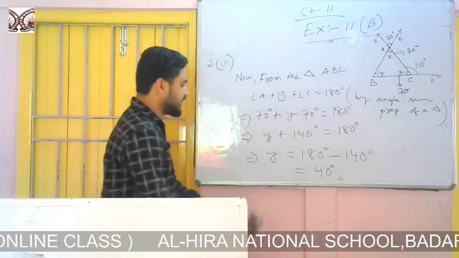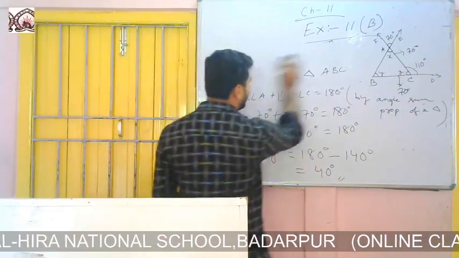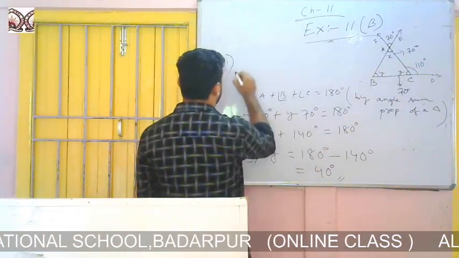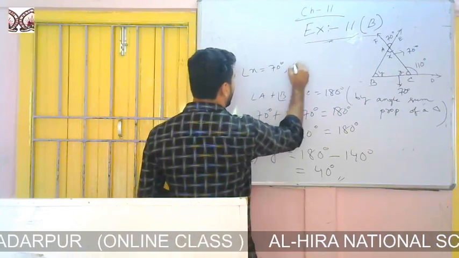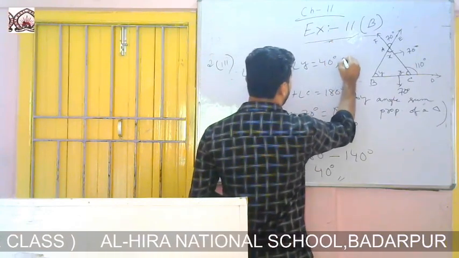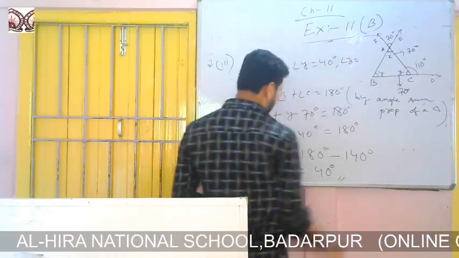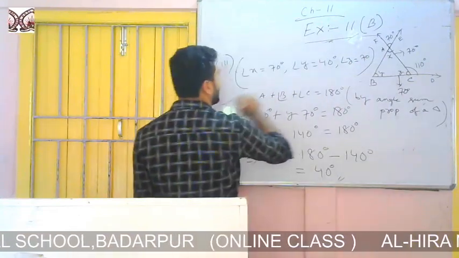So that is the required answer of angle Y. So now we can write, therefore angle X equals 70 degree, angle Y equals 40 degree, and angle Z equals 70 degree. So that is the answer.